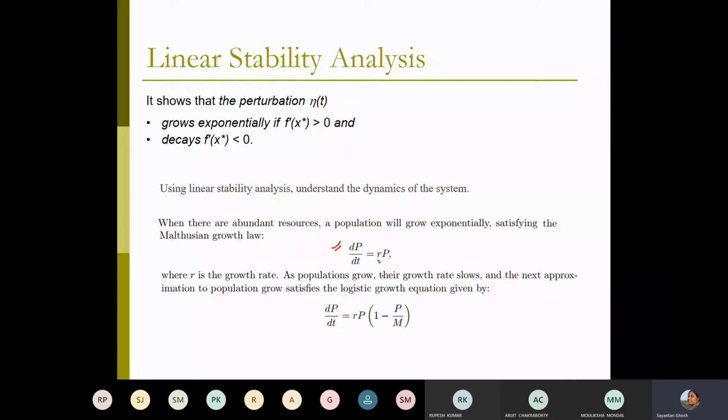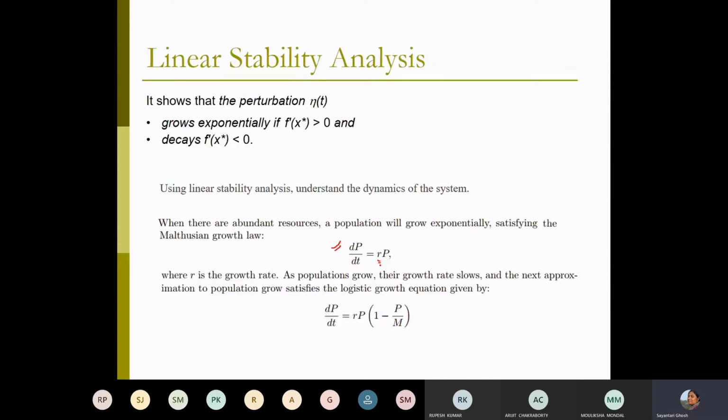So if I need to understand how this number p of the fishes lying in a pond is changing with time, then in a very crude way, I can say that it is proportional to the number of fishes present at this particular time instant.